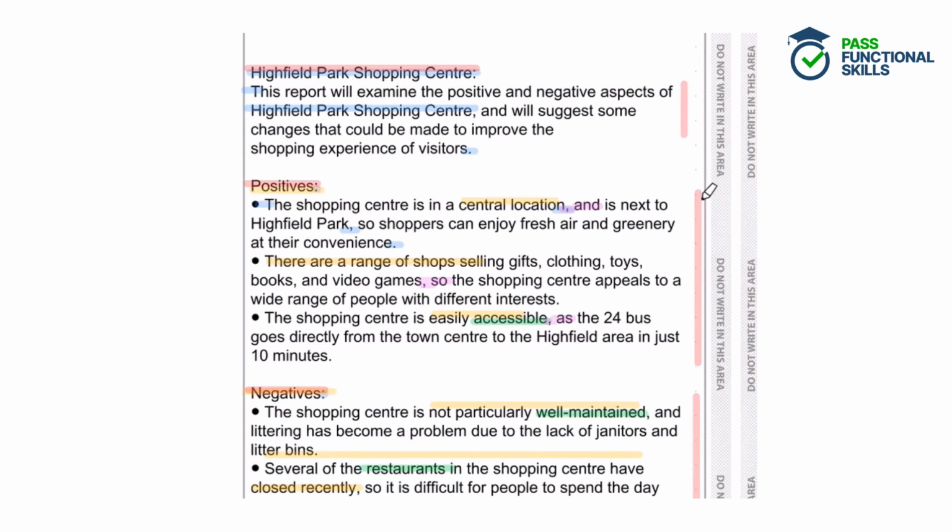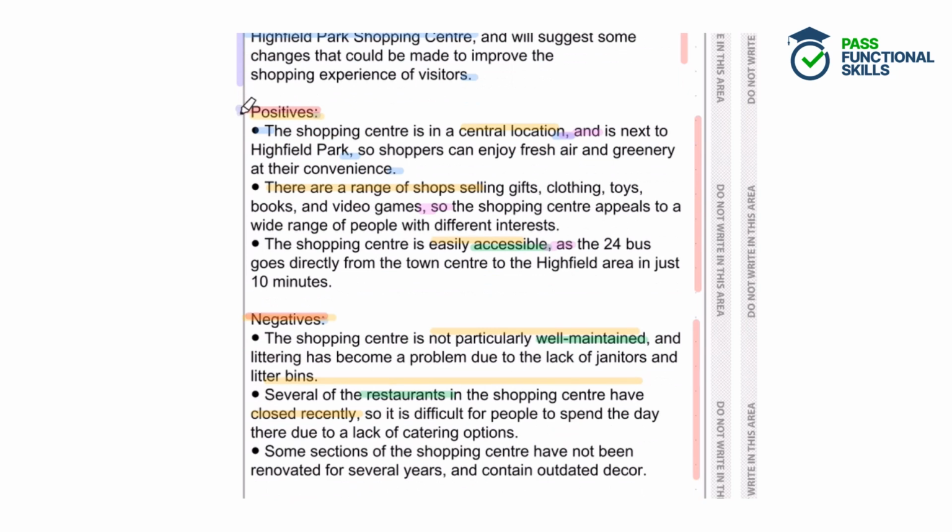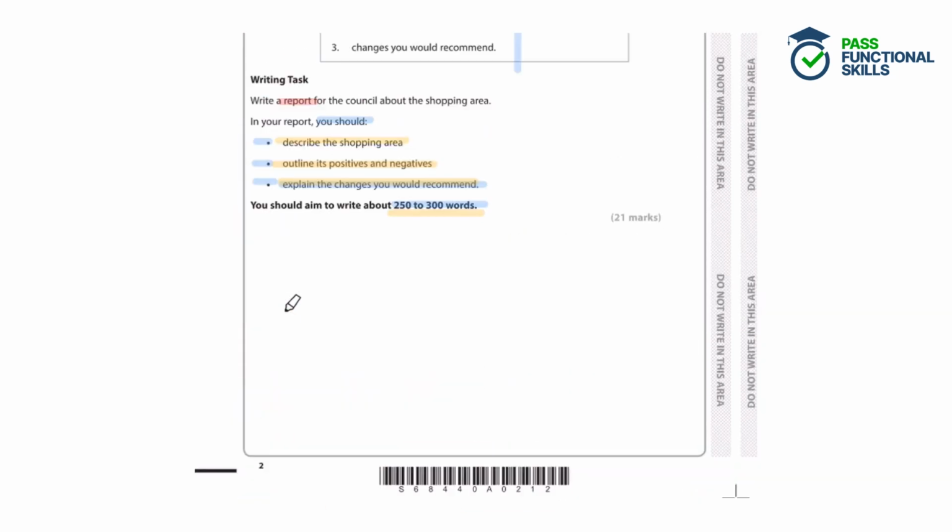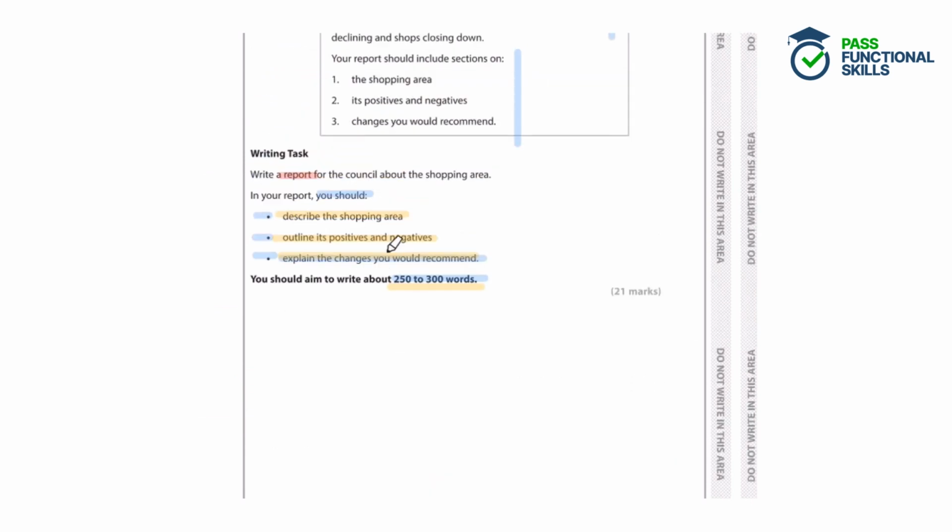The way that you order your answer is also really important in ensuring that you can achieve some cohesion. So here we have a bit of an introduction, which is a really good way to start off, saying what the report will examine. Then we move on to talking about the positives. So we're following the structure of the question here. We've got description and we've got positives so far.